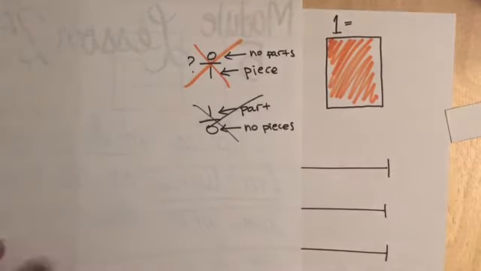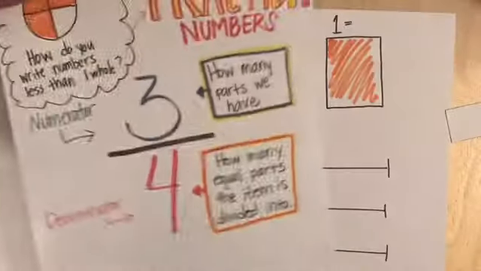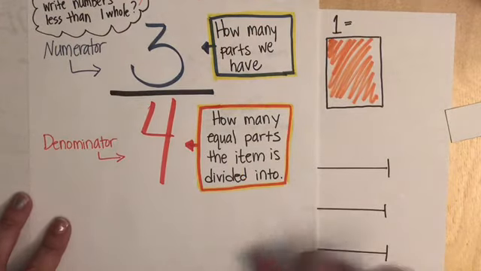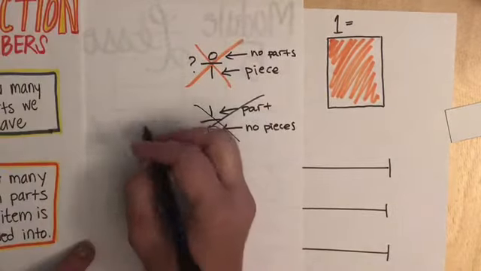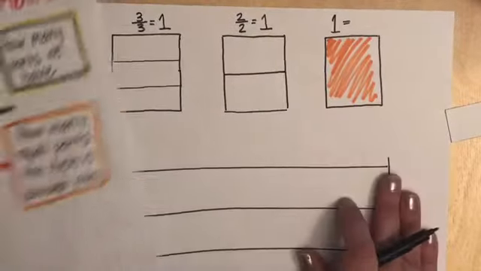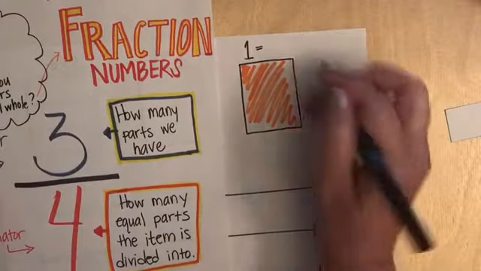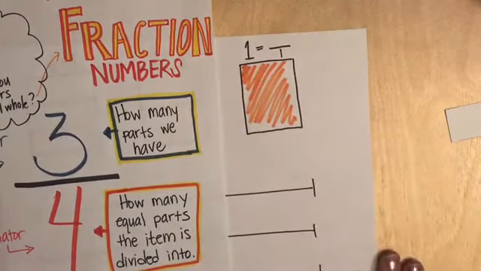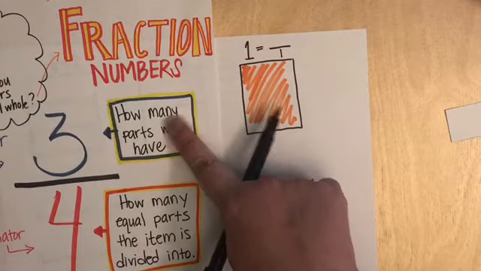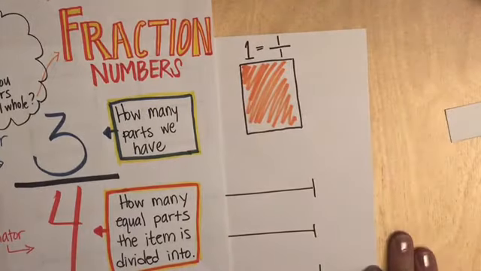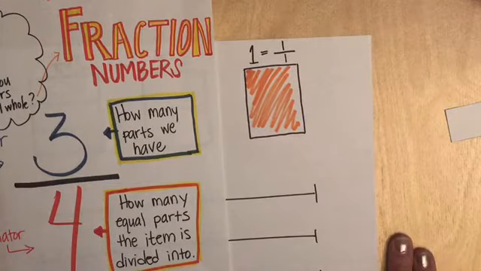Remember, our denominator shows how many equal parts our item is divided into. So we have 1 equal part. So let's go back to our notes. And how many parts do we have? We've got 1 part. So 1 whole is written as 1 over 1 as a fraction.